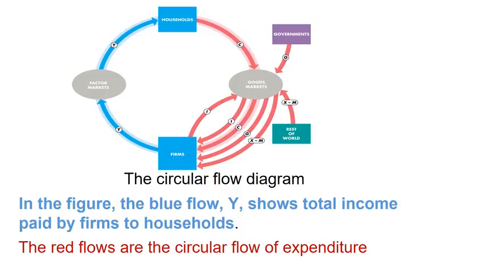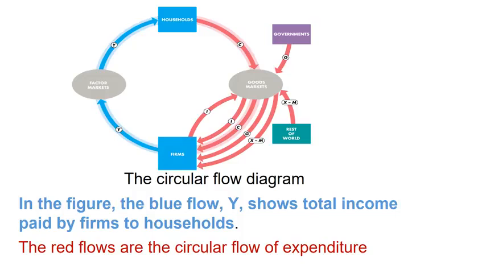So what we have here: the firms sell and households buy consumer goods and services such as inline skates and haircuts, chairs, dresses, whatever.